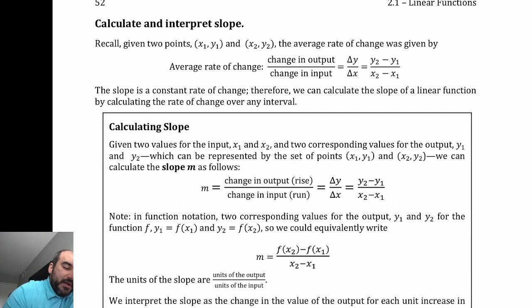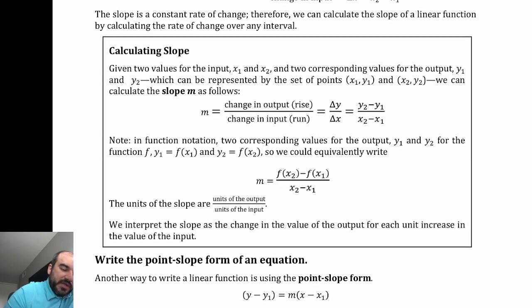How to calculate and interpret slope? We've already done this. The average rate of change was given by this formula. We're going to do the same thing for slope. Now, if we're working with a function, like a function f of x, then we may look at it this way, where we do f of x2 minus f of x1 over x2 minus x1. But f of x2 is just representing y2, and f of x1 is just representing y1.